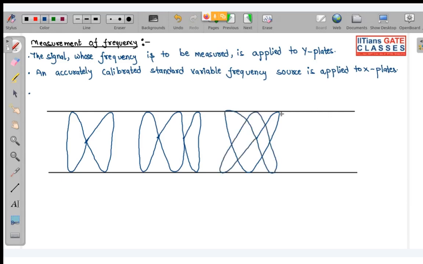Such kinds of patterns you will get. These are all Lissajous patterns with the help of which we can actually measure the frequency. How?